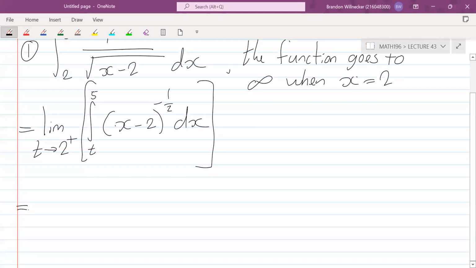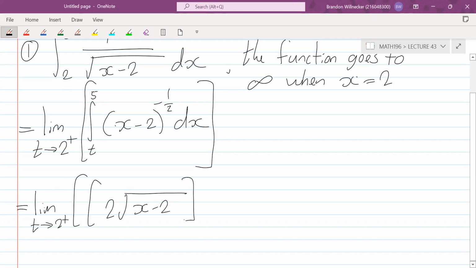So let's do that. This is going to be the limit as t approaches 2 plus. We do the integral. We add 1 to the exponent to make it half, and divide by that. So that's going to be 2 root x minus 2, evaluated between t and 5.